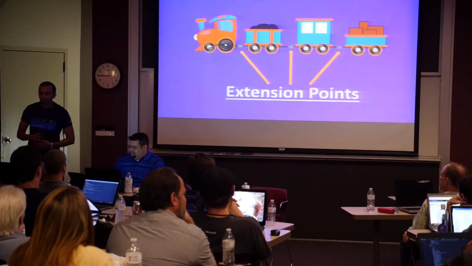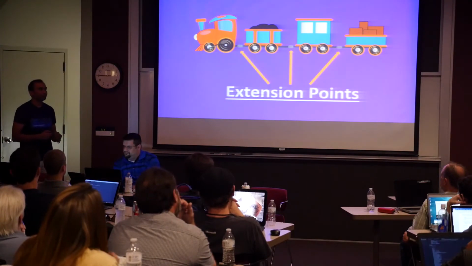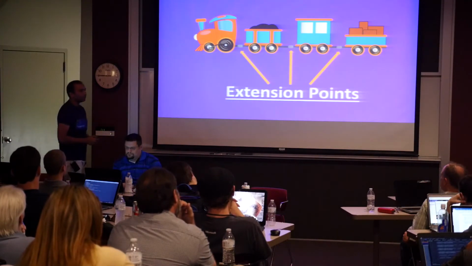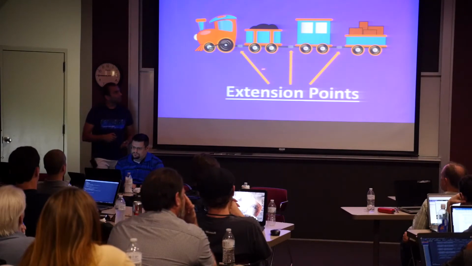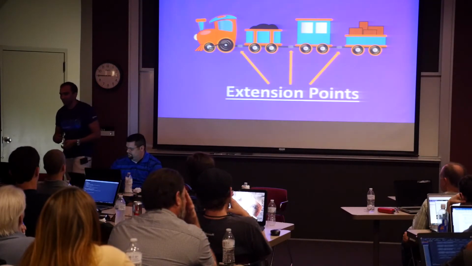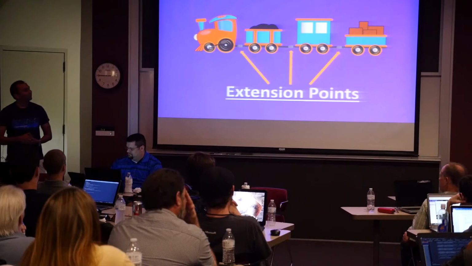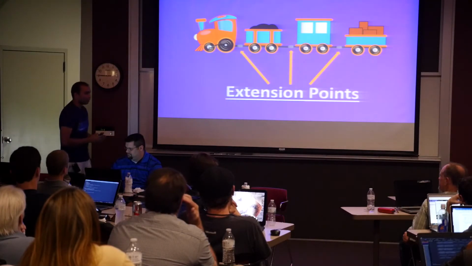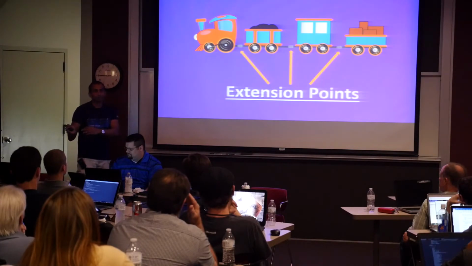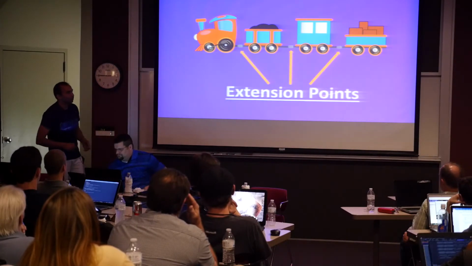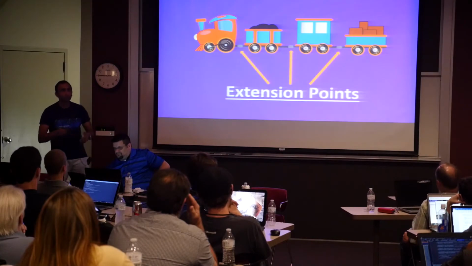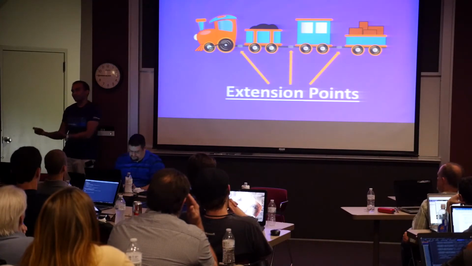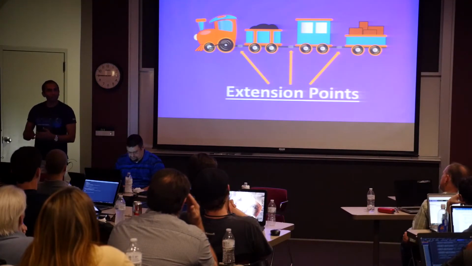Again, it's all about identifying or creating those extension points. Here's a simple example which I fetched from the internet, an image. You have a train and a compartment which you use to transport coal from one place to the other. So you have a compartment, and you put in coal there. Next requirement comes in: I need to transport some boxes.